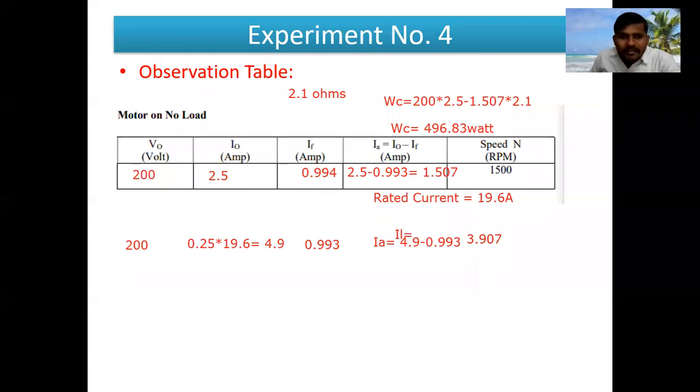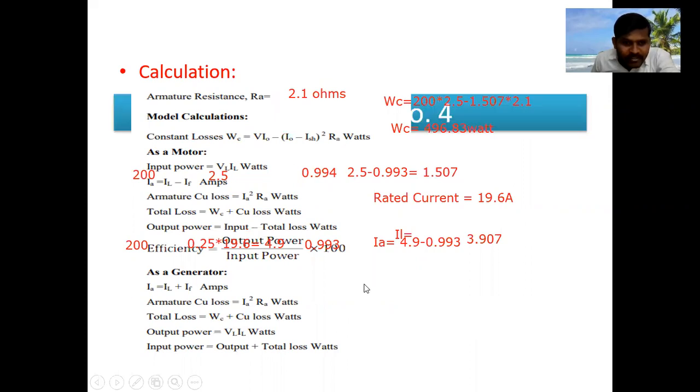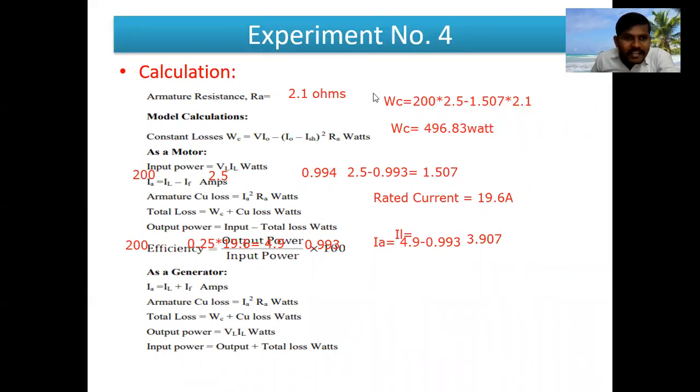डू द कॅल्क्युलेशन करा फॉर्म्युल्यानुसार. त्याच्यामध्ये VL IL इज नथिंग बट इनपुट पॉवर. VL कोणतं येईल, 200 व्होल्ट VL. IL कोणतं करंट, कोणता, 25%चा जो अज्युम केलेला आहे, किती, 19.6 च्या 25% किती आला होता, 4.9. म्हणजे VL IL इज द इनपुट पॉवर. सो कॅल्क्युलेशन मध्ये VL आणि IL इट इज नथिंग बट इनपुट पॉवर.